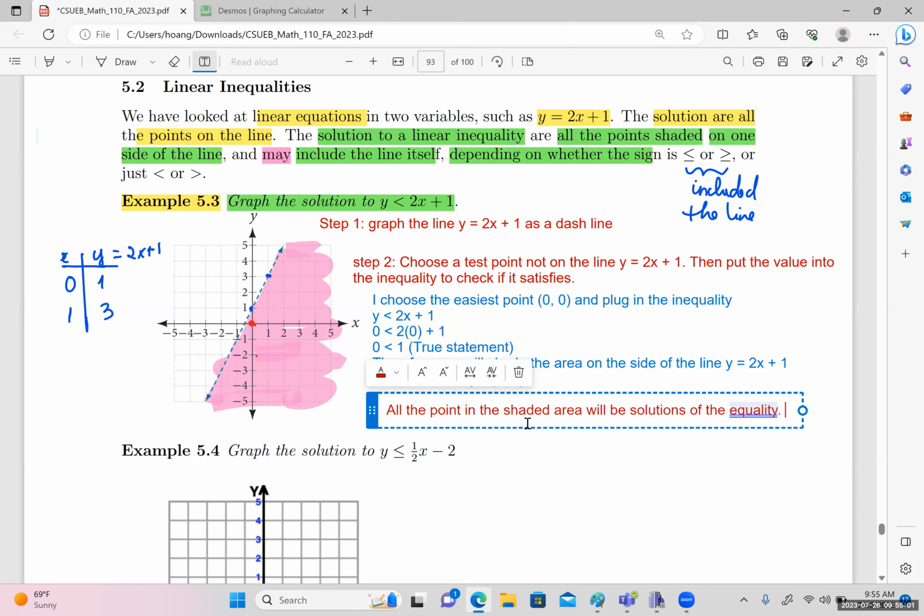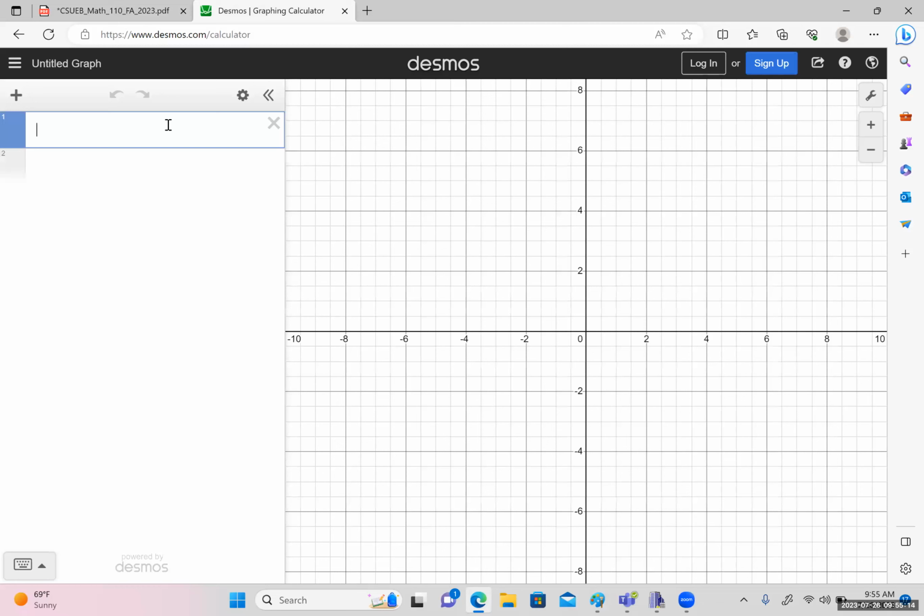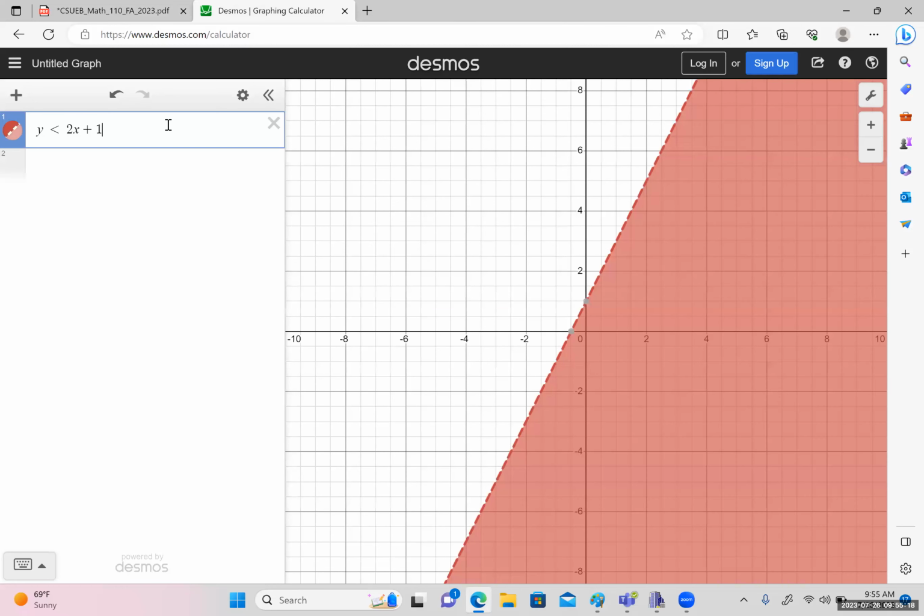Okay. And I want to show you if I use Desmos to graph the solution here. So y less than 2x plus 1. Right?